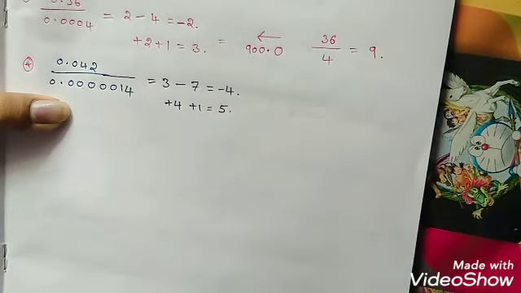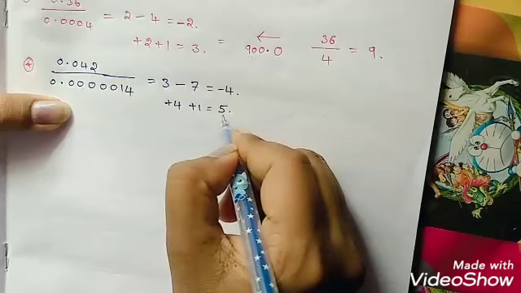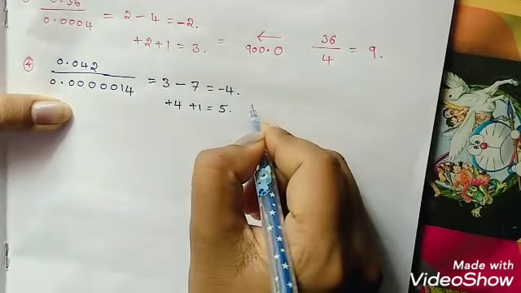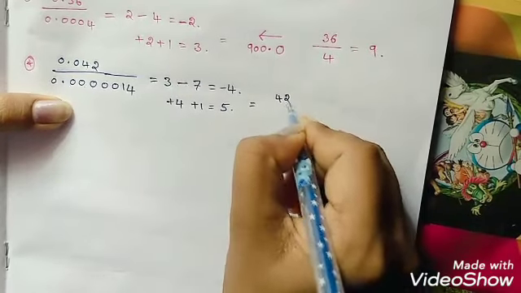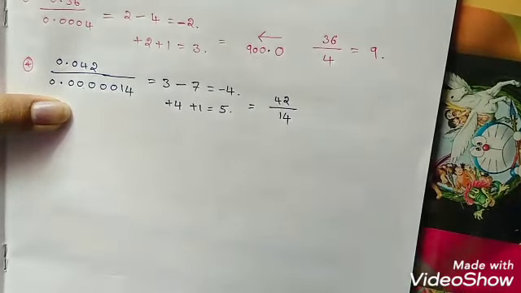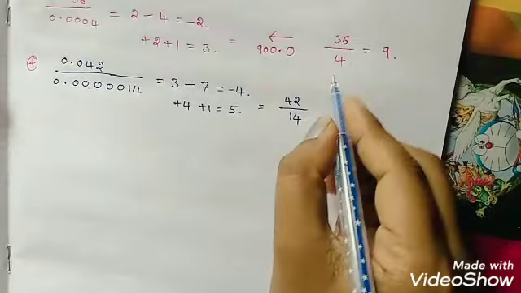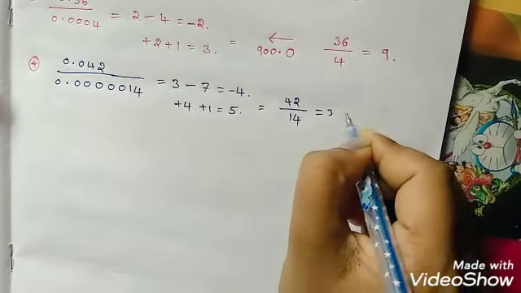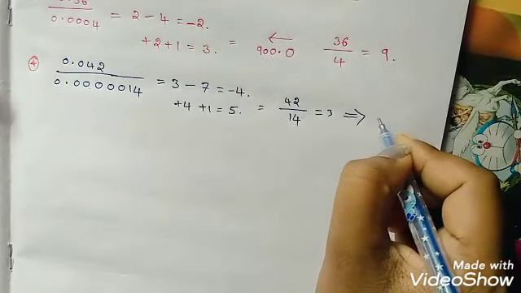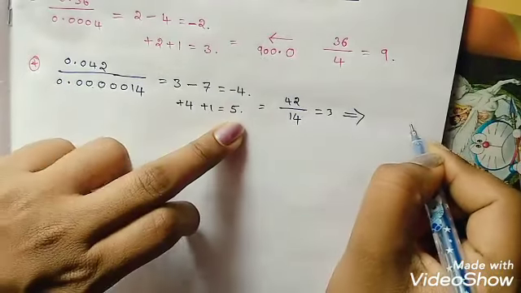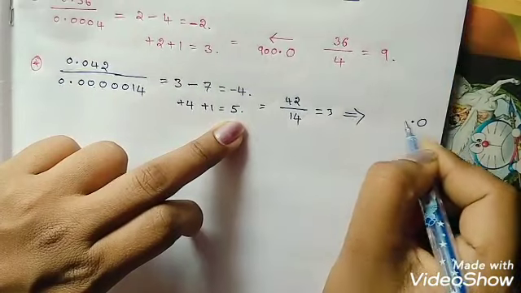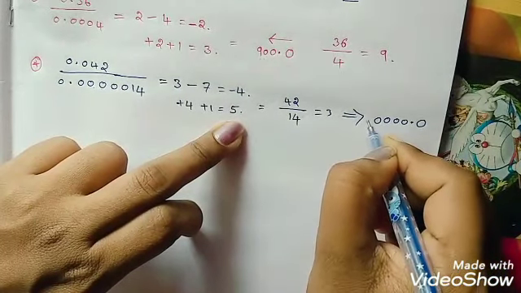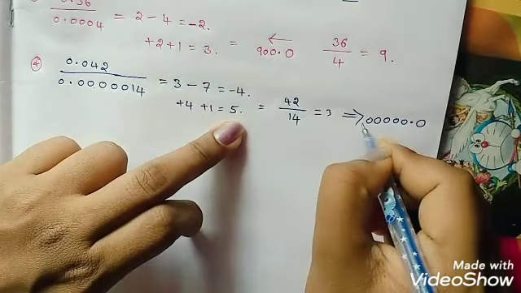That means in the final answer you are getting a 5 digit number before the decimal. So if you do directly 42 by 14, the answer is 3, because 3 14s are 42, right? But in the final answer you are getting a 5 digit number here, 0.0000, another 0 and 3.